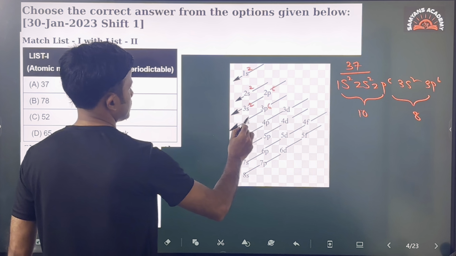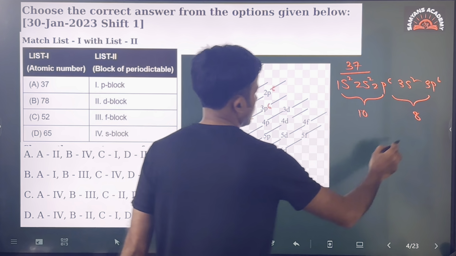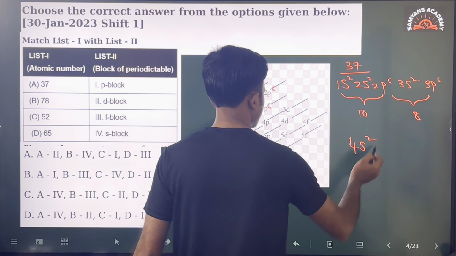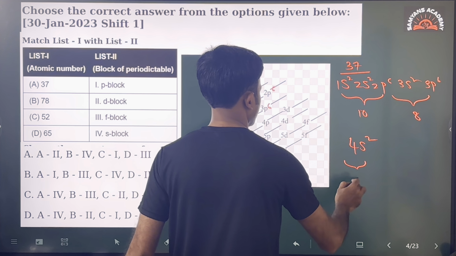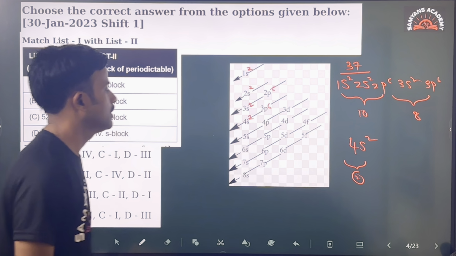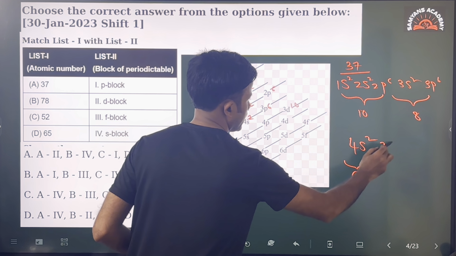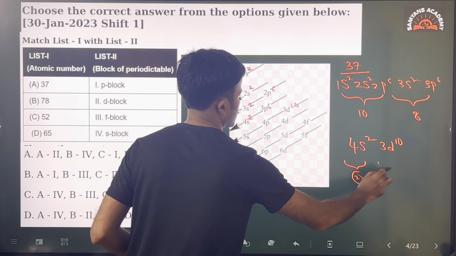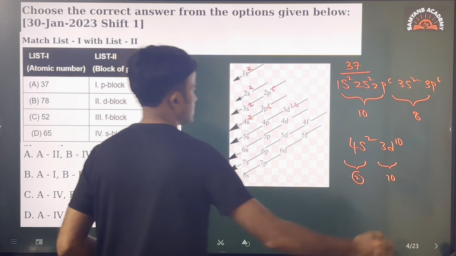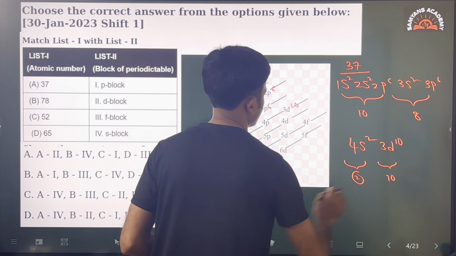Next electrons enter into 4s2, so 20 electrons are over. Next 3d10 will come: 20 plus 10 is 30, so up to here 30 electrons are over.